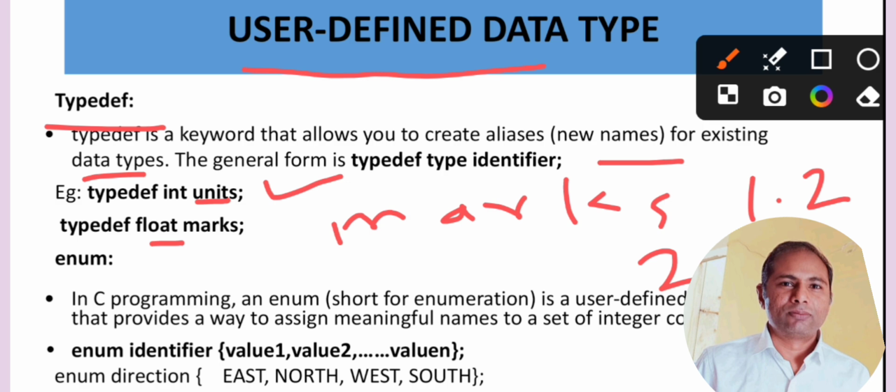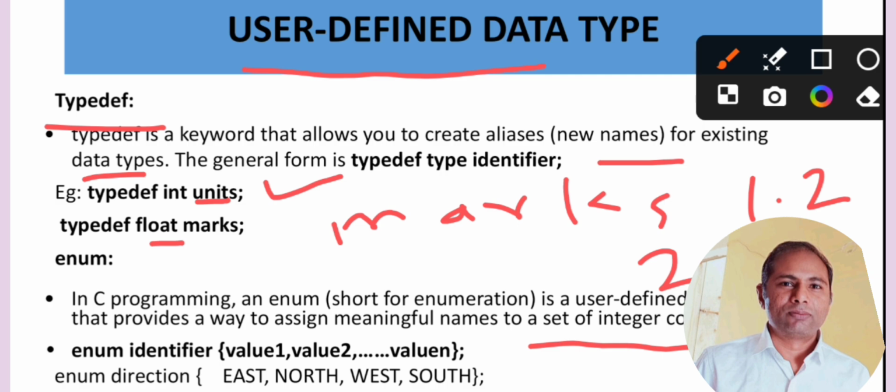Same thing. Another user defined data type is enum. What is the meaning of enum? Enum is a user defined data type that provides a way to assign meaningful names to a set of integers. For example, if I have east, north, west, and south, I can represent them by integers: east as 0, north as 1, west as 2, and south as 3.